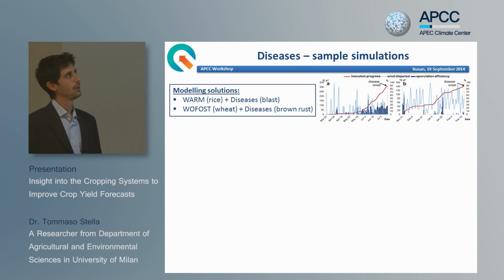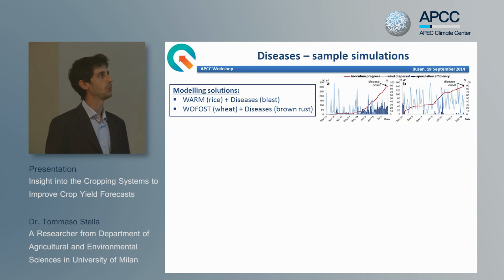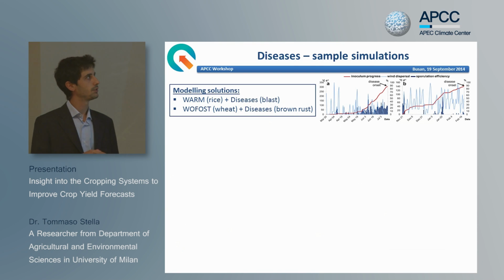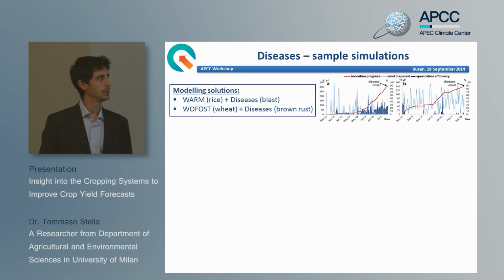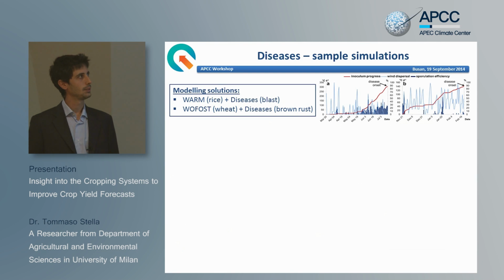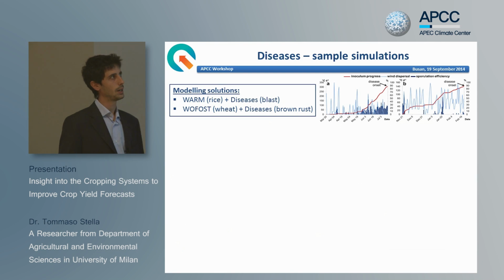So here we have the results of some sample simulations performed with 2 different modeling solutions. The first one is composed by the crop model WARM for rice, and the component diseases parameterized for simulating the blast disease of rice. And the second one with WOFOST simulating wheat, and diseases simulating brown rust.